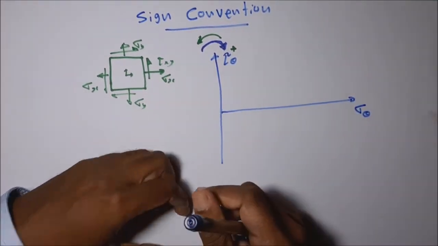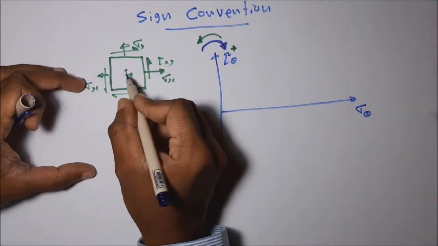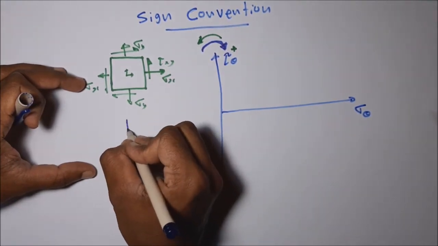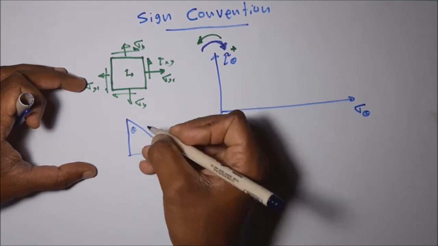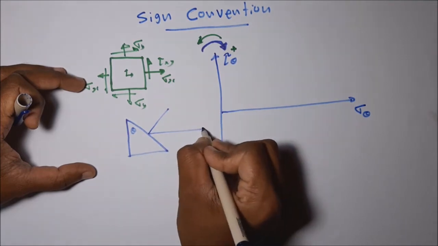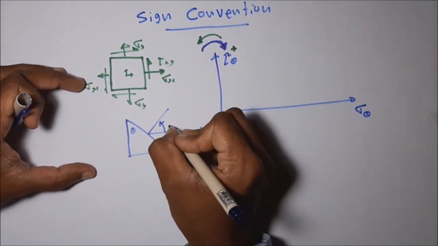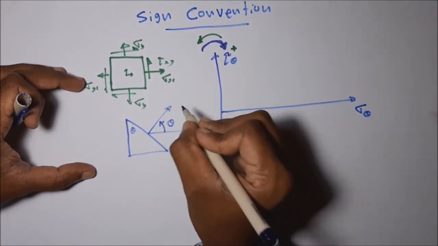Another important thing is angle measurement for this two-dimensional diagram. For example, let's consider this kind of inclined plane. We measure the angle anti-clockwise from the positive x coordinate direction.